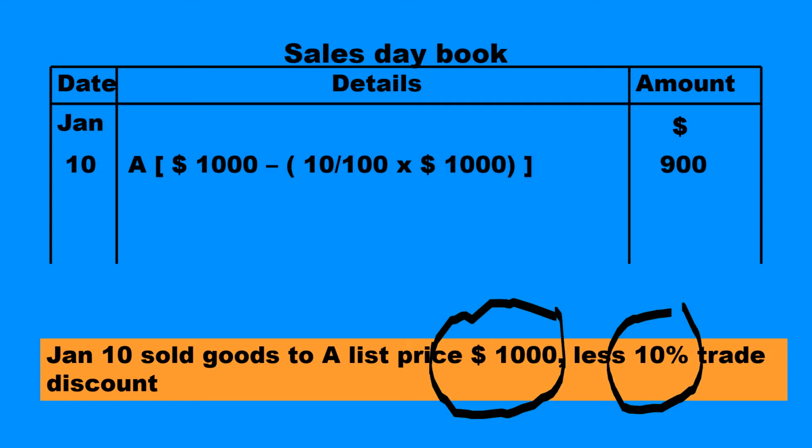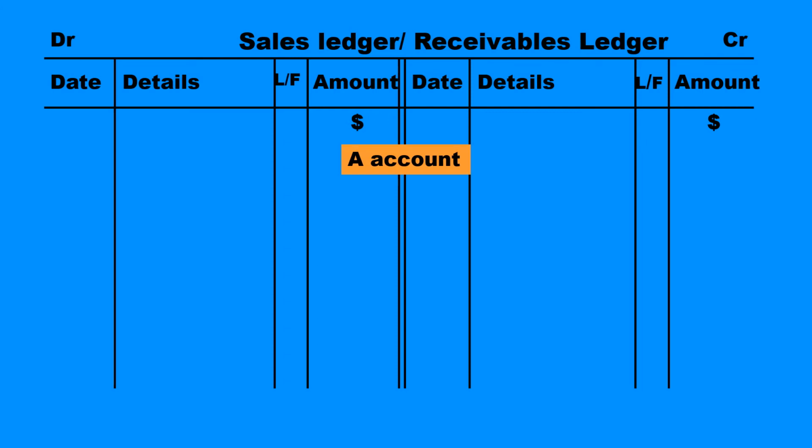We write the date, A, 1000 less 10% of the 1000 gives a net amount of 900. It is this 900 that will be recorded in the books as sale, or rather goods sold to A. Therefore, in the sales ledger, also known as the receivables ledger, we're going to have in the account of A, on the debit side, January 10th, sales 900.